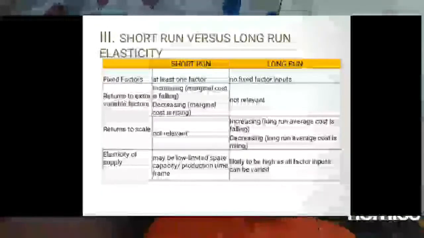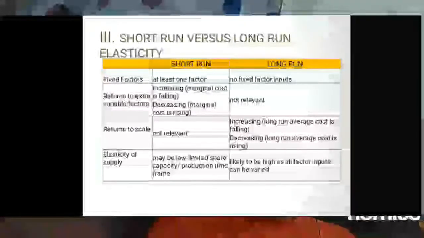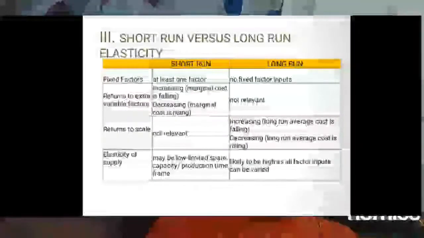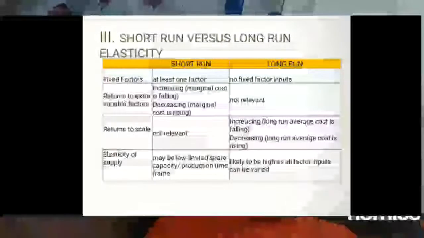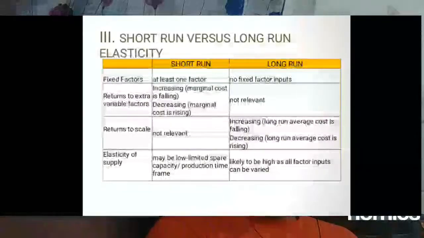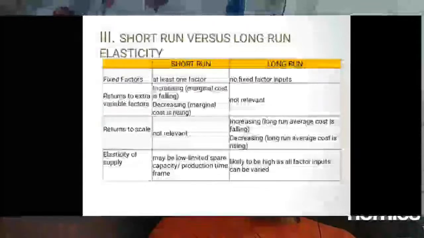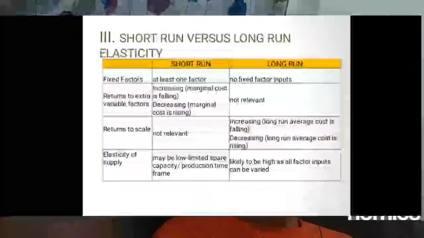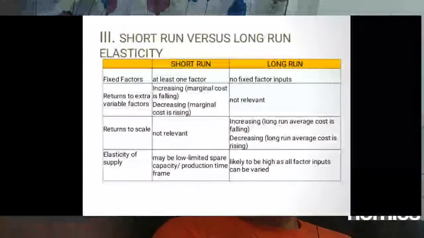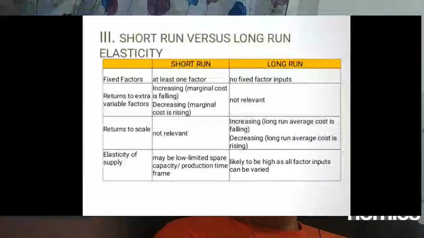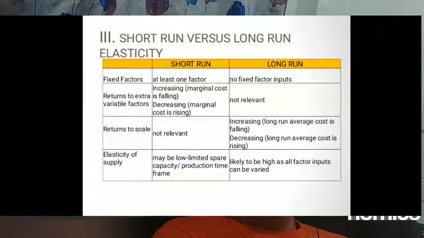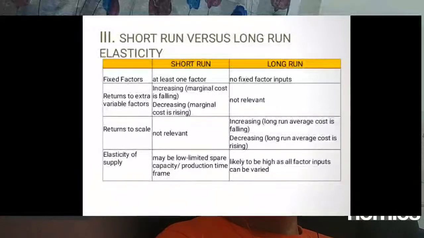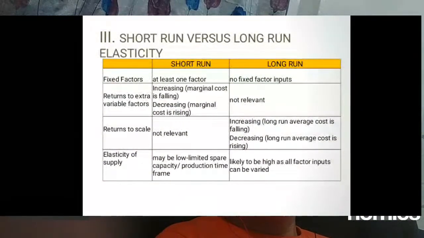Now, in terms of the returns to extra variable factor, under short run, we have increasing and decreasing. No? Increasing, marginal cost is falling in terms of short run. If we're talking about increasing under the short run, the marginal cost is falling, right? We're talking about the cost of production here. But if it is decreasing, the marginal cost is rising, all right?